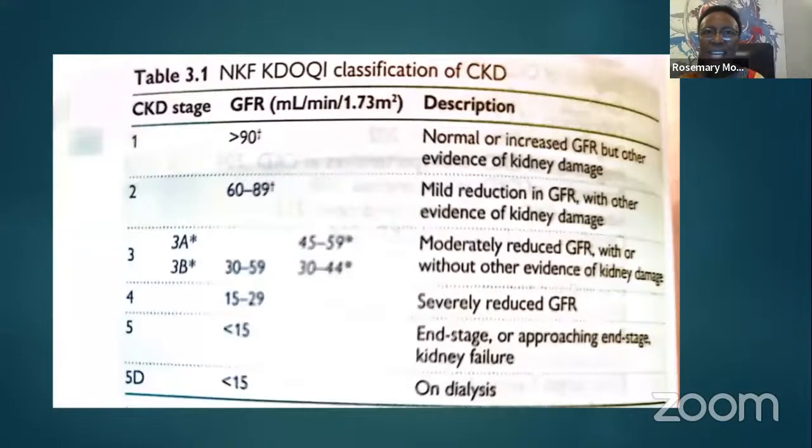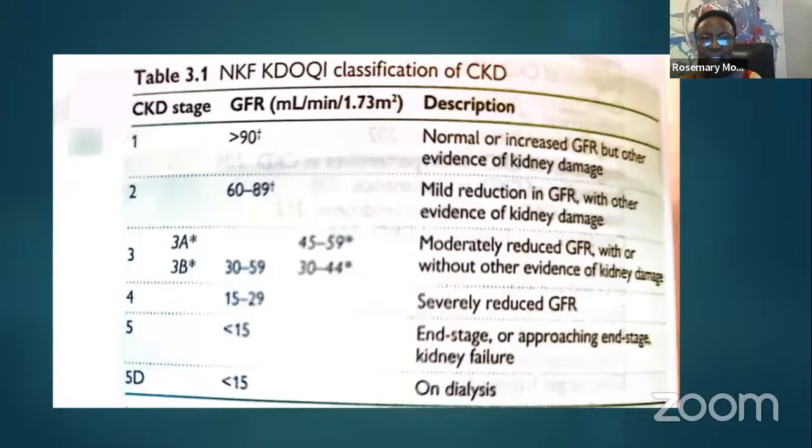This is the classification of chronic kidney disease, and it's by the National Kidney Foundation, Kidney Disease Outcome Quality Initiative. If you look at stage 1, it basically uses the glomerular filtration rate, and it's measured in mL per minute per 1.73 meters squared.